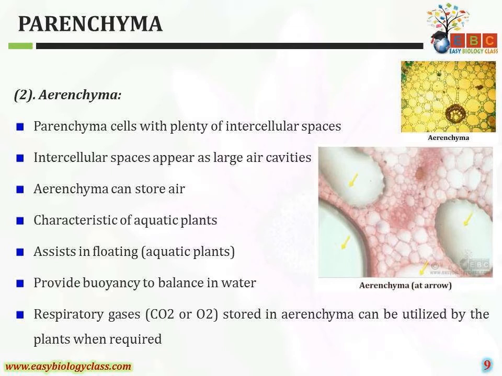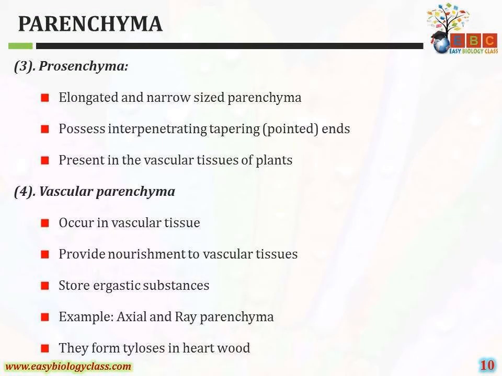They hold respiratory gases, carbon dioxide and oxygen, and the parenchyma tissues are filled with them, and they provide them to the rest of the cells surrounding these air traps when and where they are required.